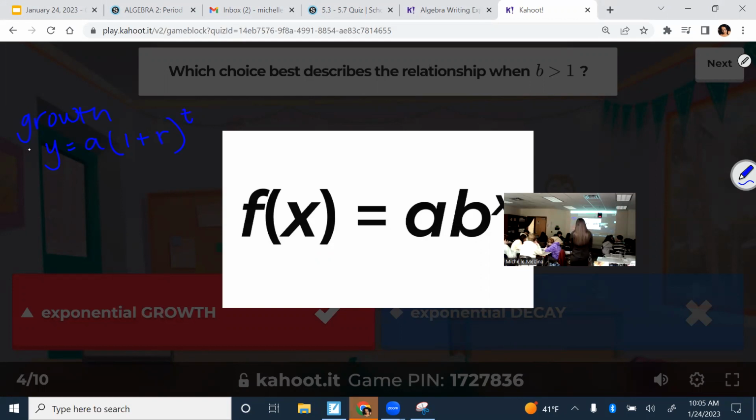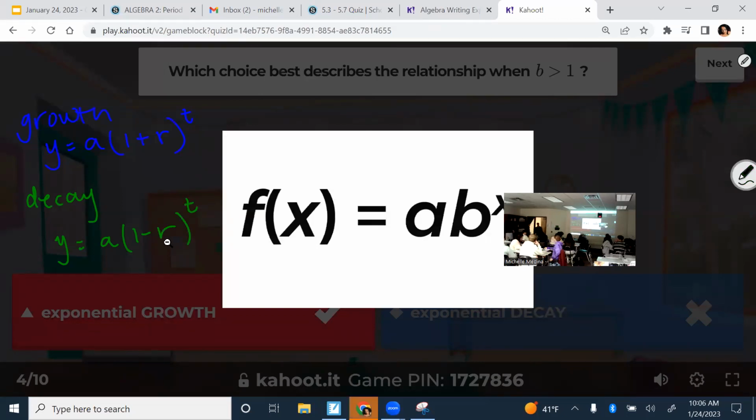That's for growth. For decay, what's the formula? It's the same, but instead it's 1 minus R, and then to the T power.